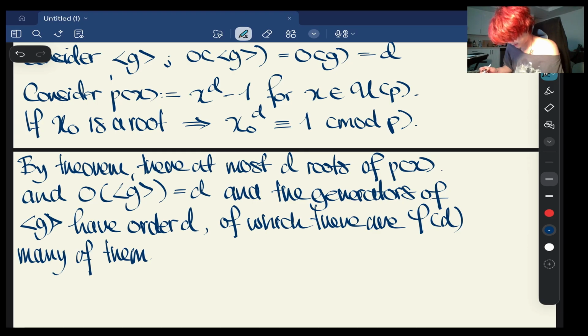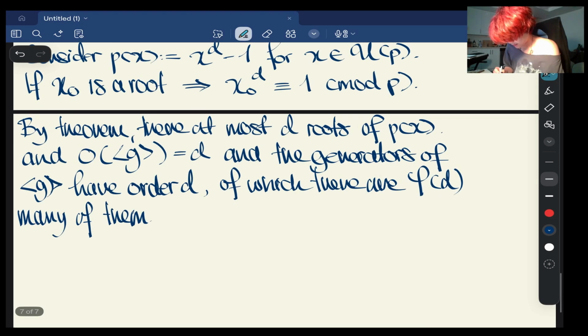So it follows, therefore, that the generators exhaust all elements of order d.